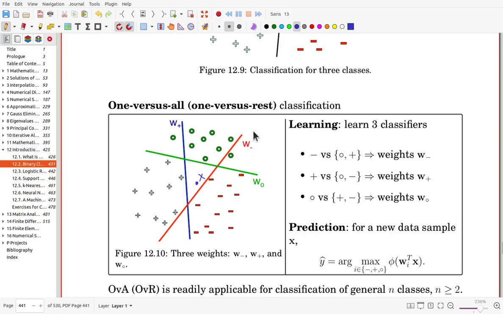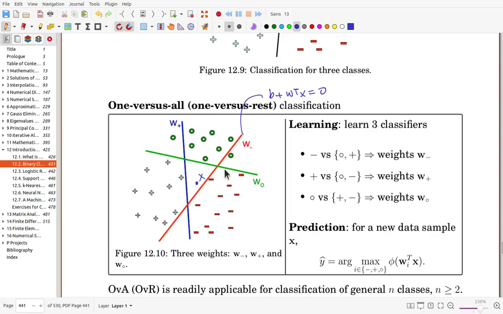This line is in the form b plus W transpose x equals 0. Along this line, this classifier has value 0, this side positive, that side negative. So from this line, it's a negative value.